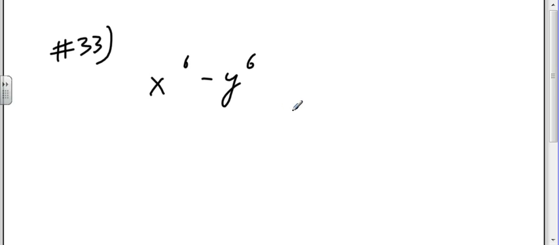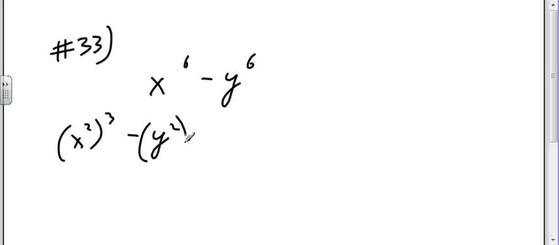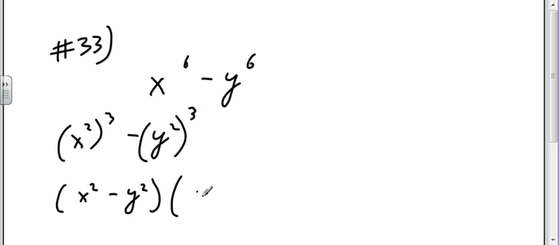So if I arrange this to be the difference of two cubes, I say this is x squared cubed minus y squared cubed. Okay, so I could do that. And then I'd say that this is x squared minus y squared times x to the 4th plus x squared y squared plus y to the 4th.